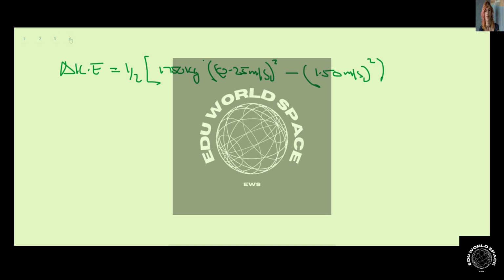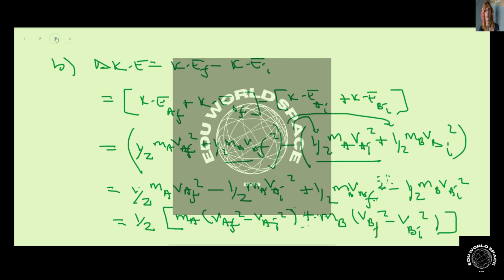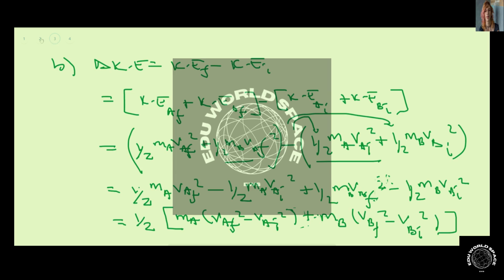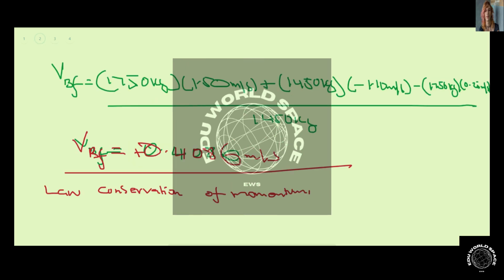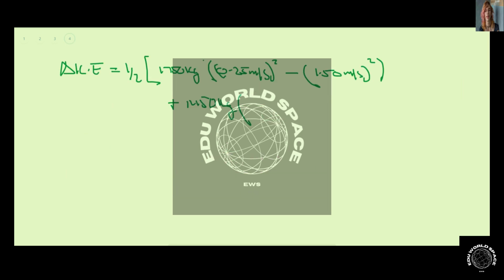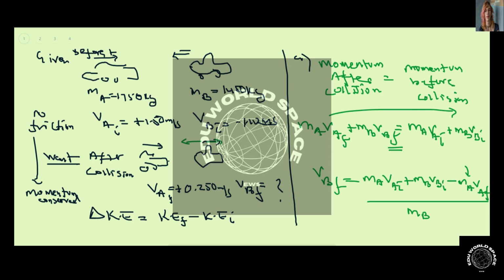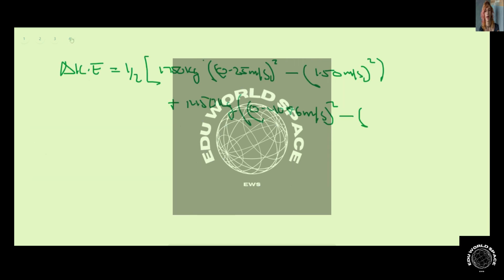And then we go back, we see we need a plus mass of B, which is 1450 kilograms. And then the final velocity of B, which is 0.4086 meters per second, squared, minus, if you go back, initial velocity of B, that's at the beginning where we see it's negative 1.10 meters per second.